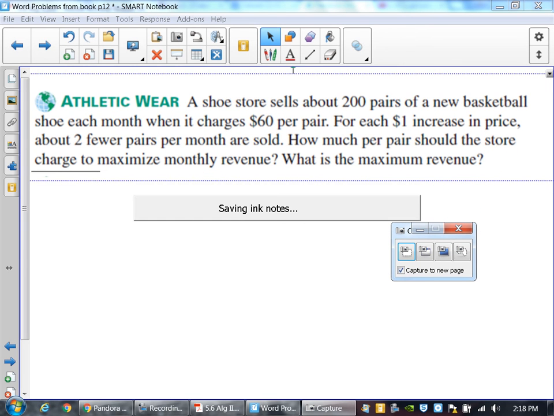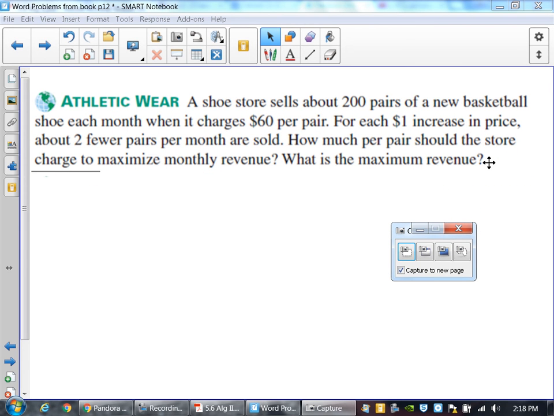Good. All right, let's look at number 99. One of the things that I want to look at here is another format for quadratic style word problems: cost versus sales types of problems.